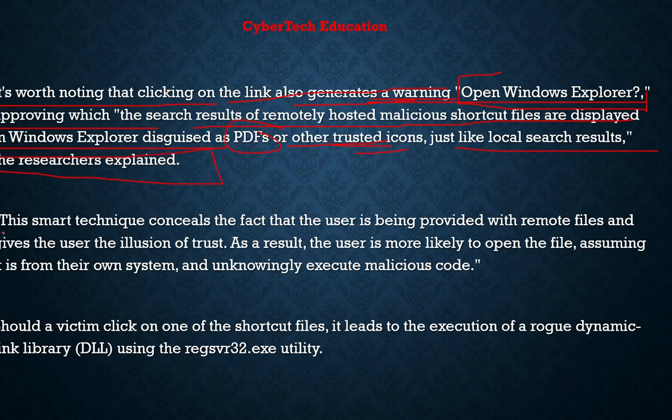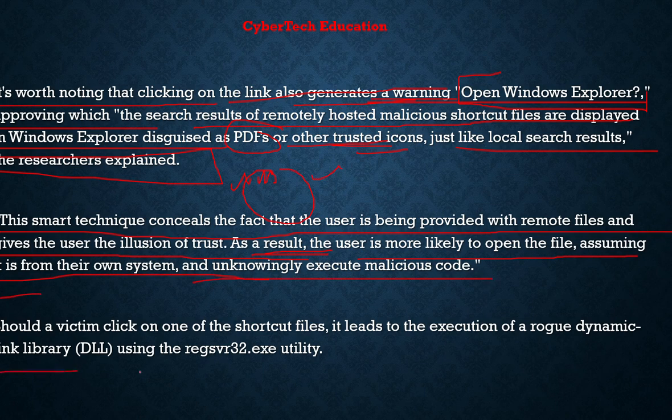This smart technique conceals the fact that the user is being provided with remote files and gives the user an illusion of trust. As a result, the user is more likely to open the files, assuming they come from Microsoft Windows Explorer, unknowingly executing the malicious code.